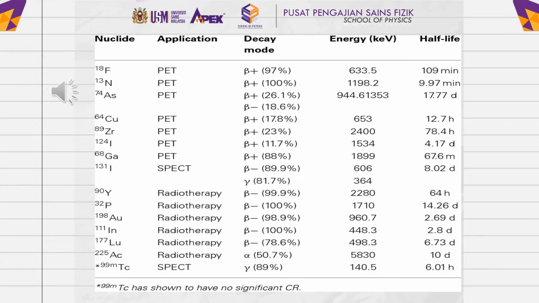In this table, all the radioactive elements used for treatment are included together with their mode of decay, half-life, and amount of energy. It can be observed that the nuclides having the same decay mode are usually grouped to be used for the same application. Moreover, the nuclides having the longest half-lives are usually used for radiotherapy.